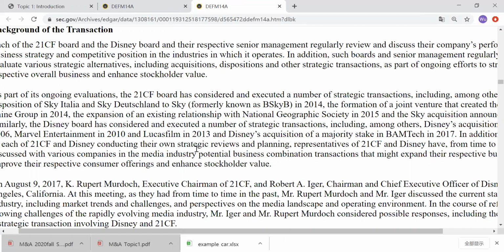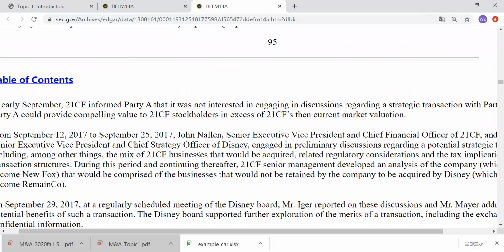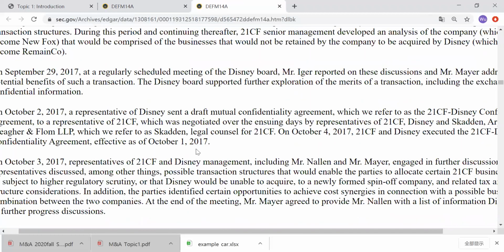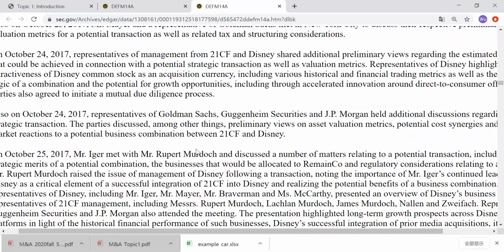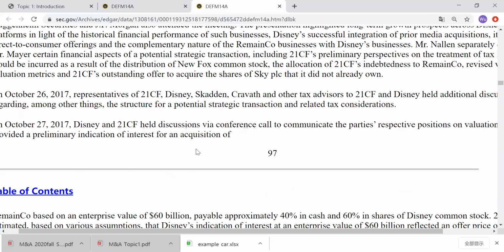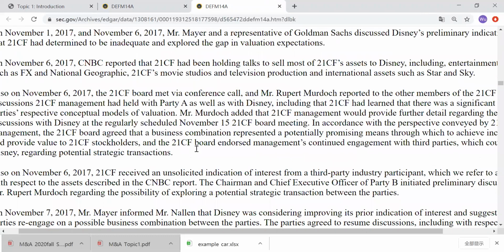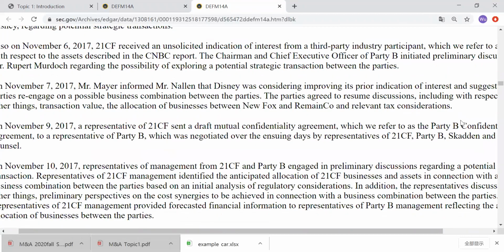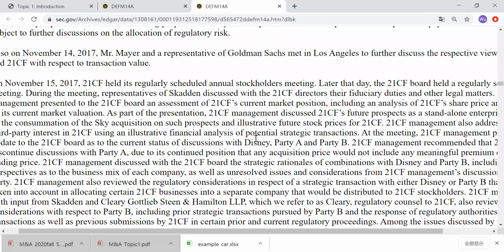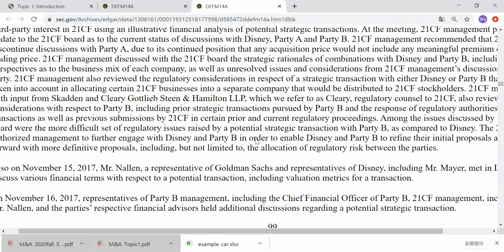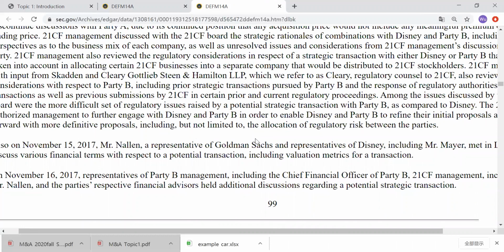Now you can see this is also a typical auction deal, because if you go through this merger filing, not only Disney is involved, but also Party A, another company, and also Party B. So you can see that's why this is also an auction deal.